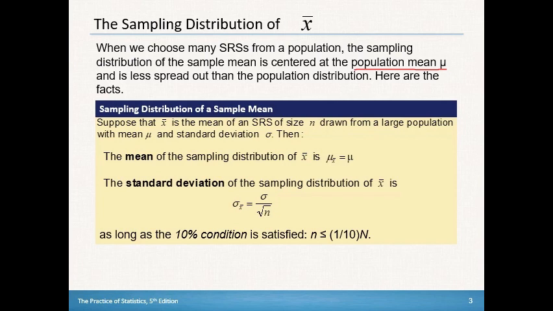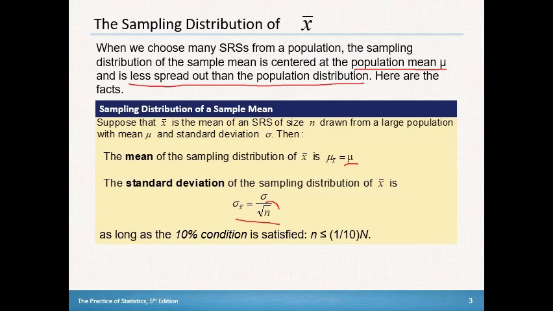All right, it's less spread out than the population distribution, and we can kind of see, if we look at the formulas, we can see why. So the mean of the sampling distribution will be equal to the population mu value from the population, and the standard deviation, that's going to be equal to this formula.